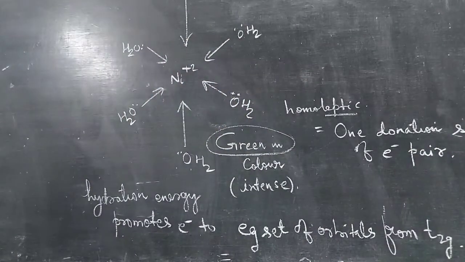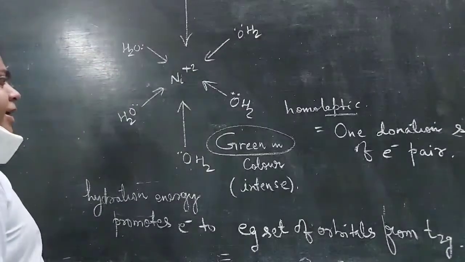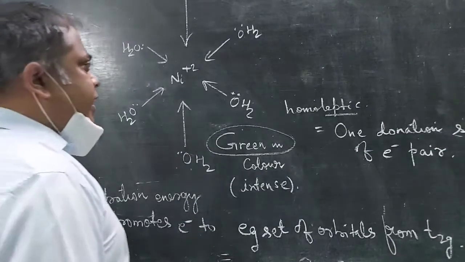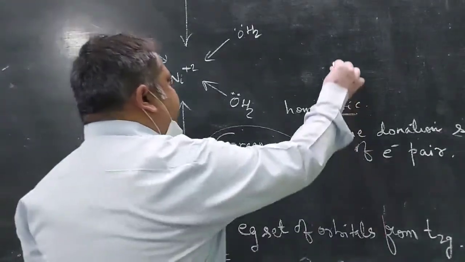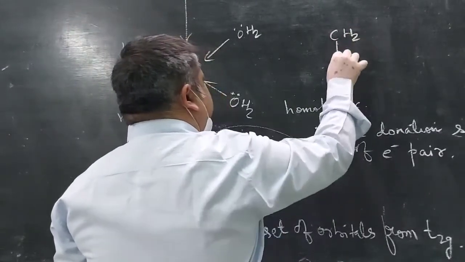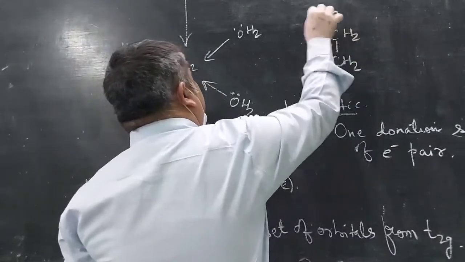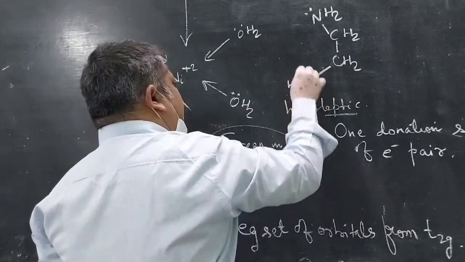So if I take a bidentate ligand, say ethylene diamine or ethane diamine, ethane diamine is like this: CH2, CH2, NH2 lone pair, NH2 lone pair.